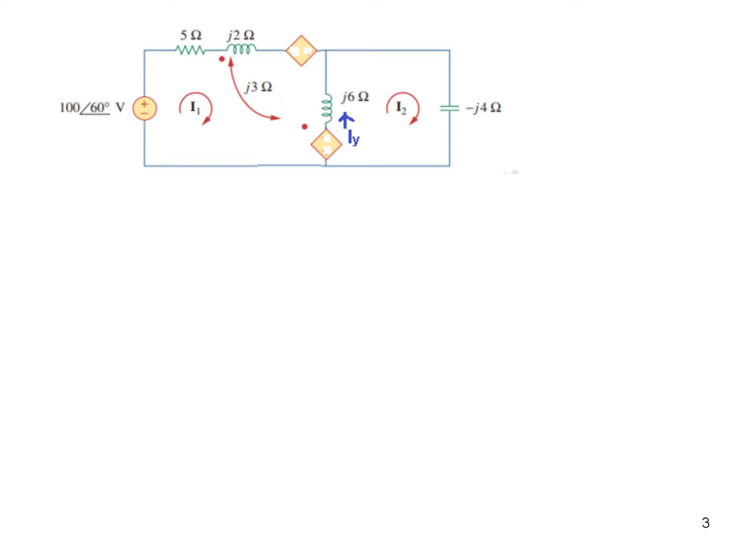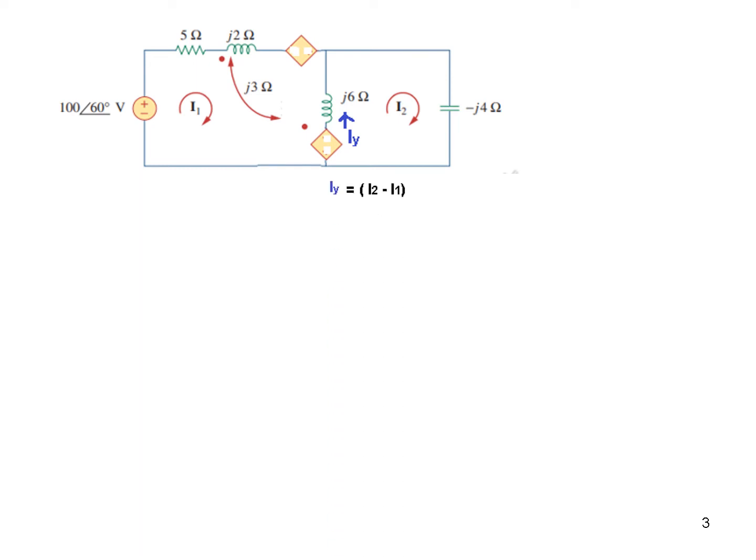The polarity will depend on the direction of current flow. For ease, I have assumed a current called IY flowing through this from bottom to top. You could also assume a current from top to bottom, but you have to mark the polarity accordingly.